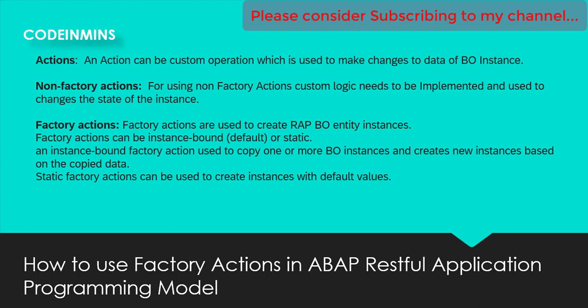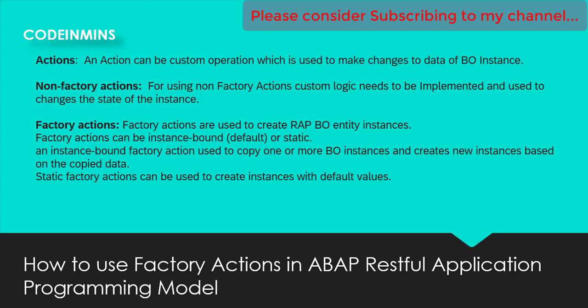Now if we talk about different kinds of actions, we can segregate them mainly into two types. The first one is non-factory actions and the other is the factory actions, which we are going to see in this video. Non-factory actions basically have the custom logic that needs to be implemented, which we normally add inside a method.